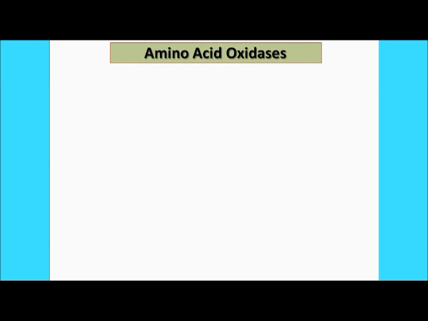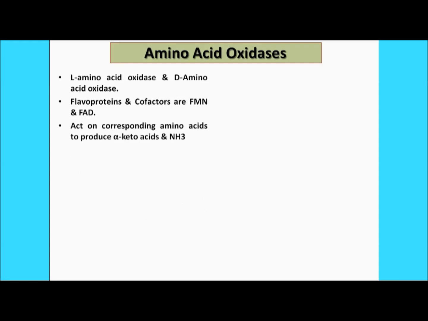Now amino acid oxidases are another set of enzymes responsible for the metabolism of amino acids. L-amino acid oxidase and D-amino acid oxidase are the two important enzymes, right? They are flavoproteins, and the cofactors for these enzymes are FMN and FAD.